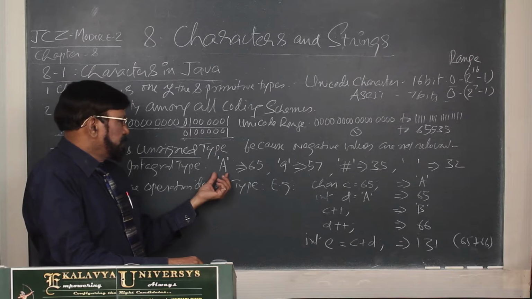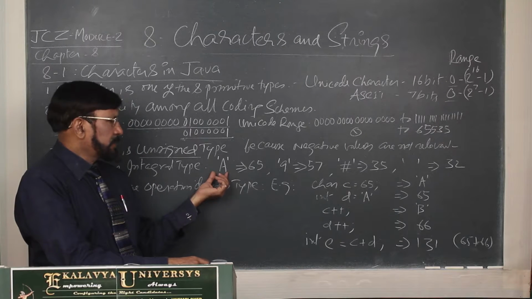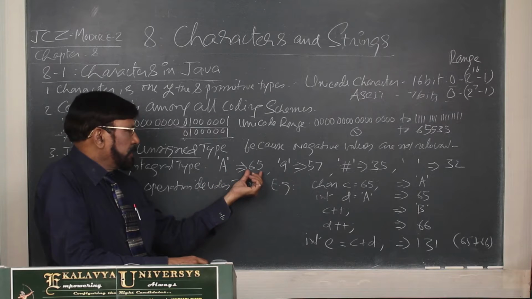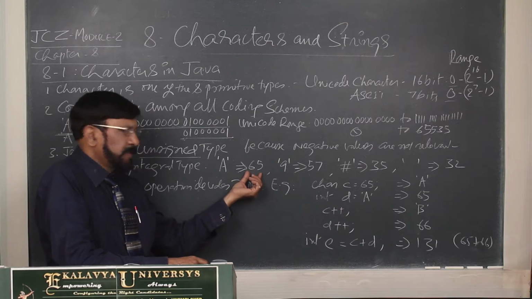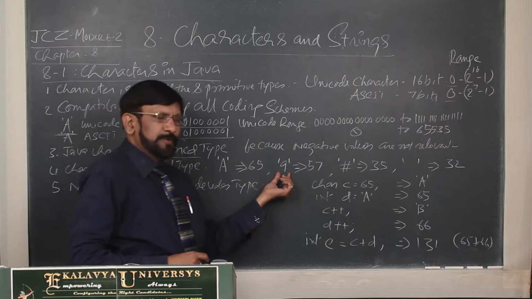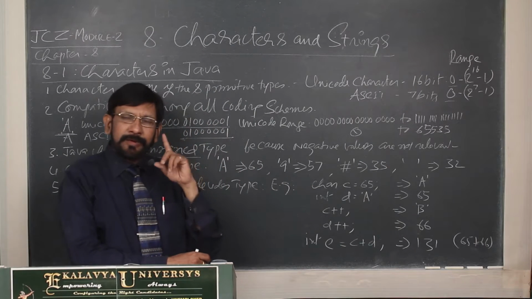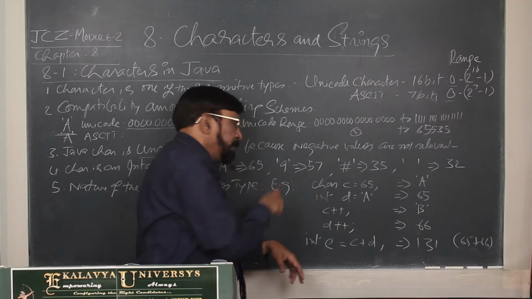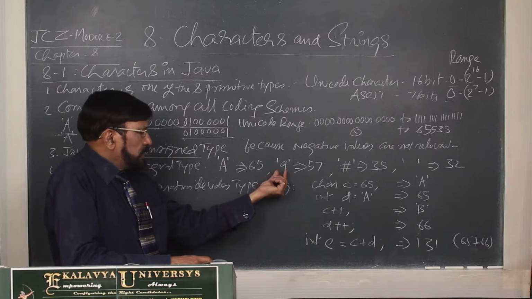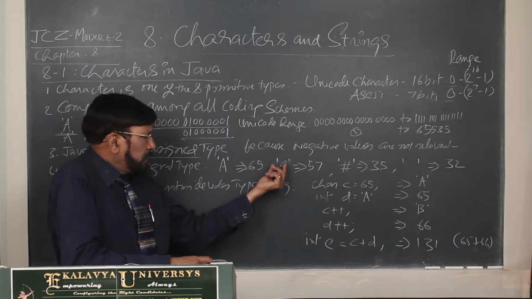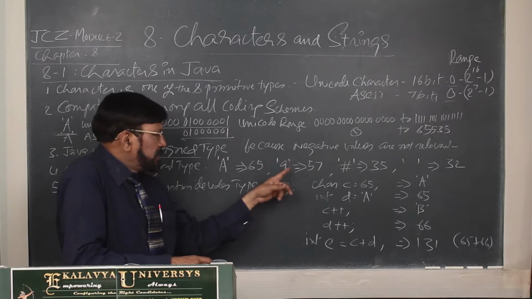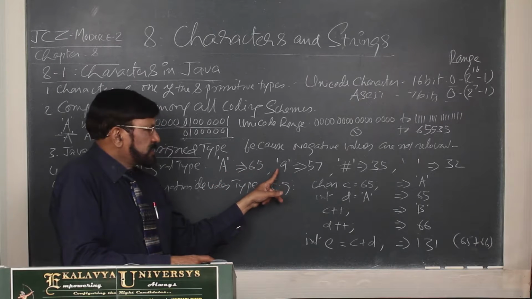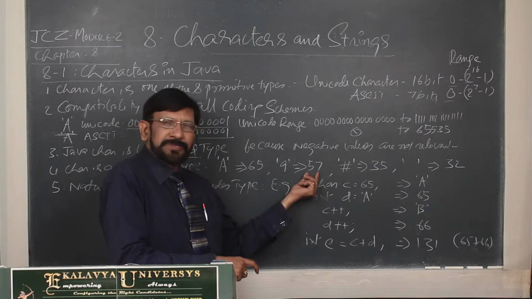Now we see this is Java's visible character A, and it has an equivalent integer value. In the same manner, you see 9. 9, not as an integer value, you have to treat it as a character. Whenever we enclose a single character with a pair of single quotes, you must treat it as a character. This is 9 character. Its equivalent integer value is 57.